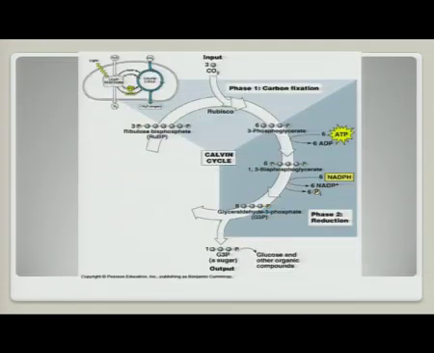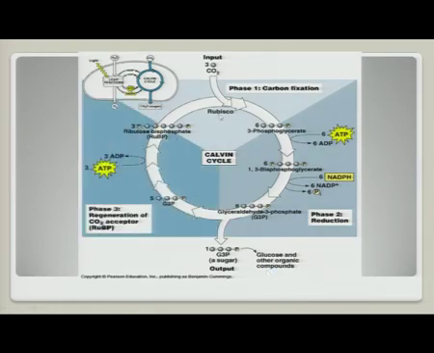The second is glycolytic reversal, where the glucose molecule is formed, and regeneration of RuBP is the third phase. So, in C3 cycle 3 main processes are involved: carboxylation, reduction and regeneration.